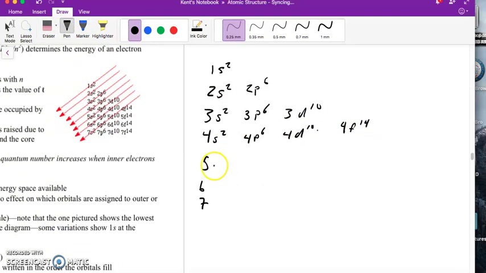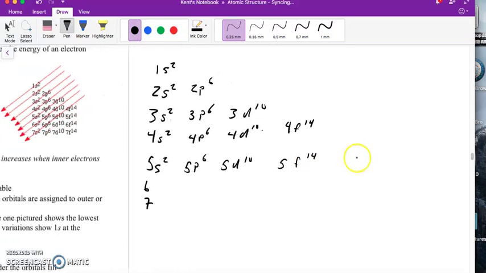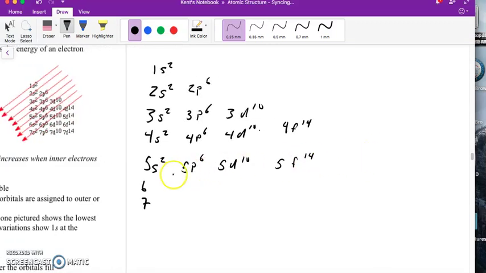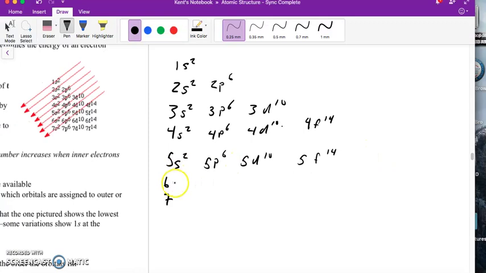And then in the fifth shell, we've got 5s, 5p6, 5d10, 5f14, and then we're not going to put the g subshell out here because it's a hypothetical subshell. So I'll just keep going forward this way: 6s, 6p6, 6d10, 6f14, and so on, 7s.